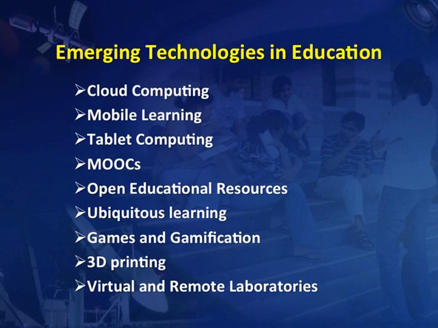Then I will also explain about open educational resources. Then there is a very specialized learning called ubiquitous learning, learning anywhere by any person. Then of course, games and gamification at a smaller level, 3D printing and virtual remote laboratories.